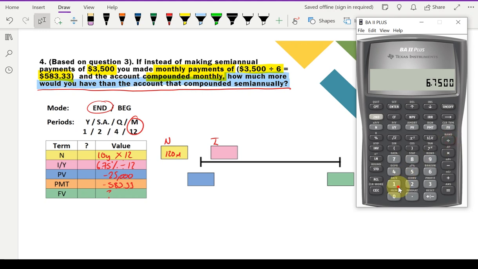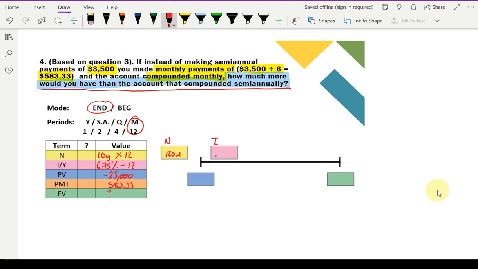If we multiply that by 12, we get back to the 6.75%. We're starting off with the same 25,000, and our payments are $583.33. So now we're looking for the future value.